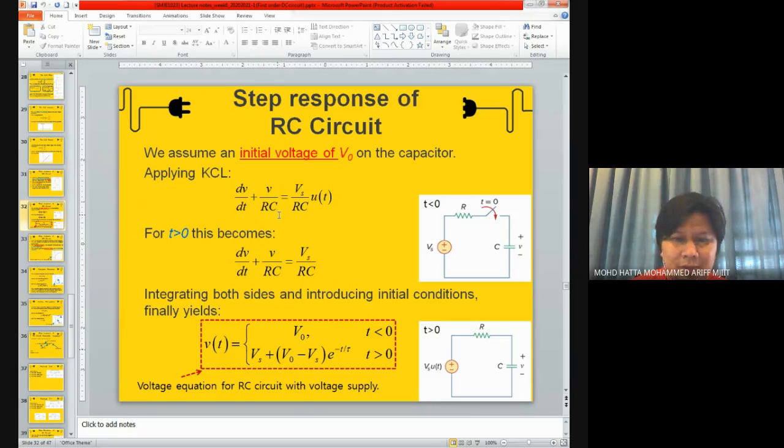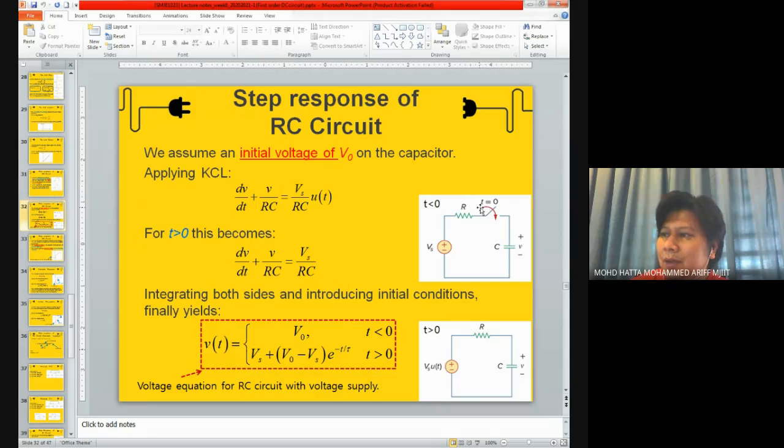However, if not, my strategy to answer this kind of problem is to really understand what this voltage response tells me. To get the voltage response across the capacitor, v of t for t less than 0 is given as the initial voltage, because at t less than 0 we assume the capacitor has an initial voltage of V naught.